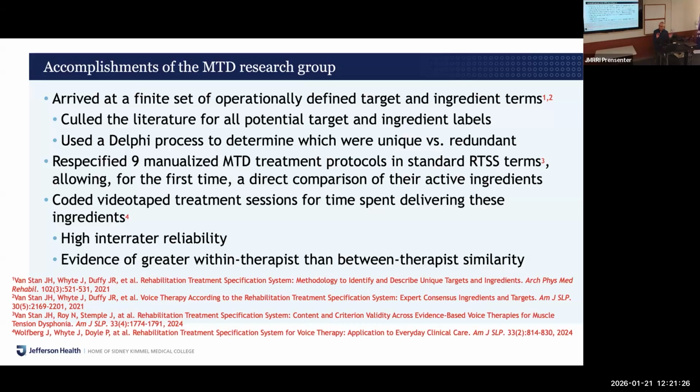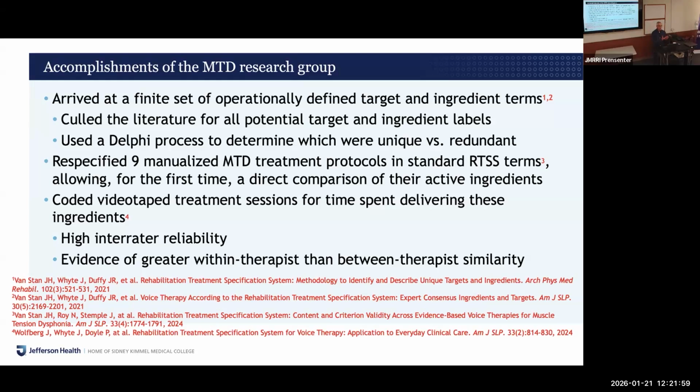And so now within this small domain of voice therapy, hypothetically, we can ask every clinician to identify from this set of targets and from this set of ingredients what they're doing. They then took 9 of these named treatment protocols, and in what was not only a scientific feat, but a political feat, they got the original developers to collaboratively re-specify them in standardized RTSS terms.